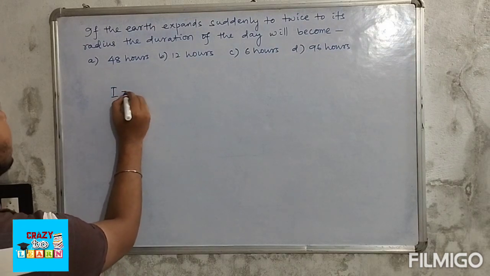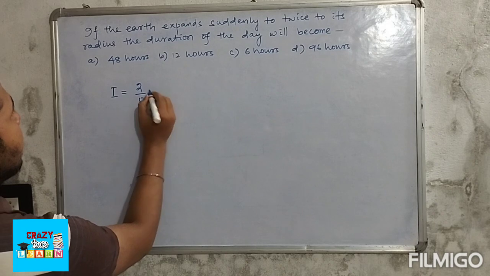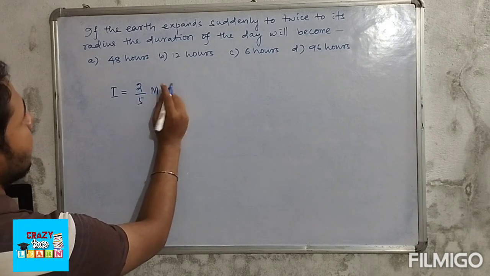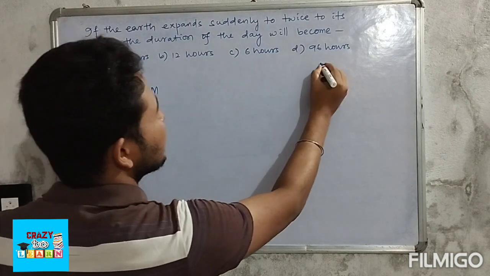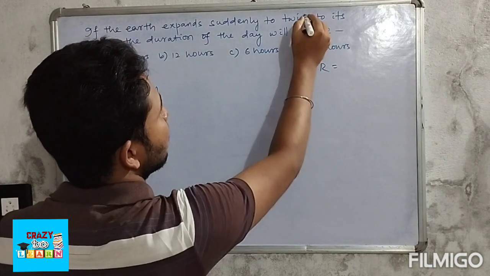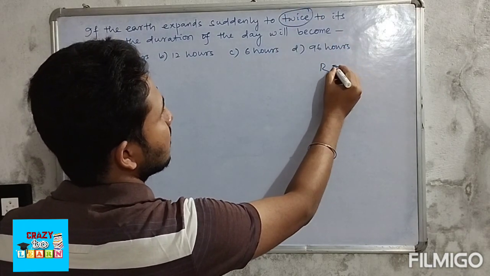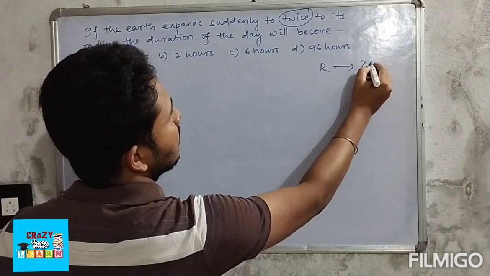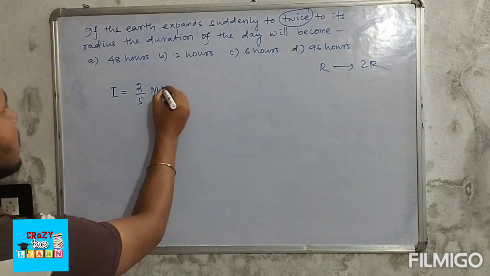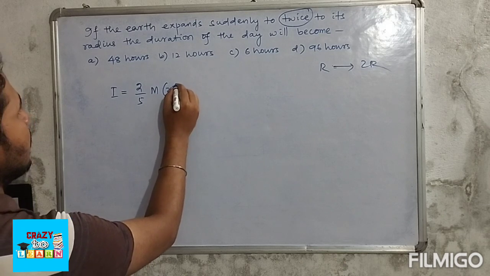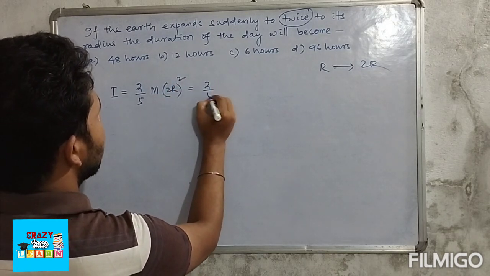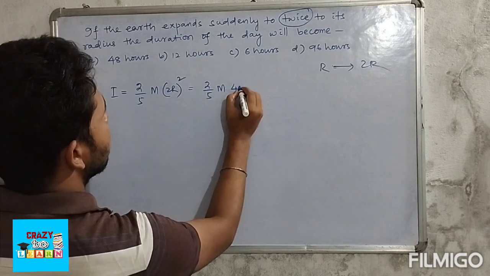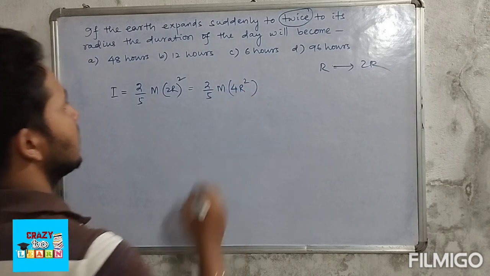Moment of inertia I is equal to 2 by 5 mr square, but for this problem the radius is doubled, so in place of r we will take 2r. So in place of r we will take (2r) square. So what will you get? 2 by 5 m 4r square.